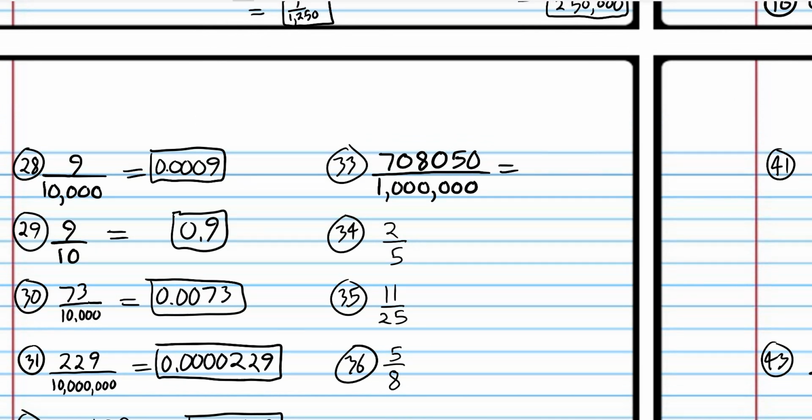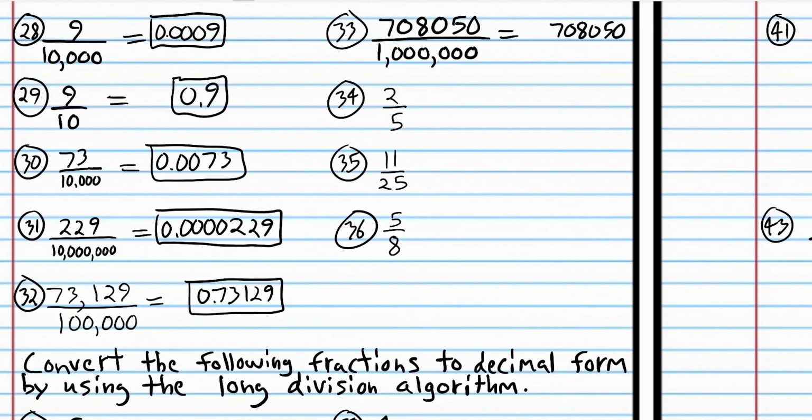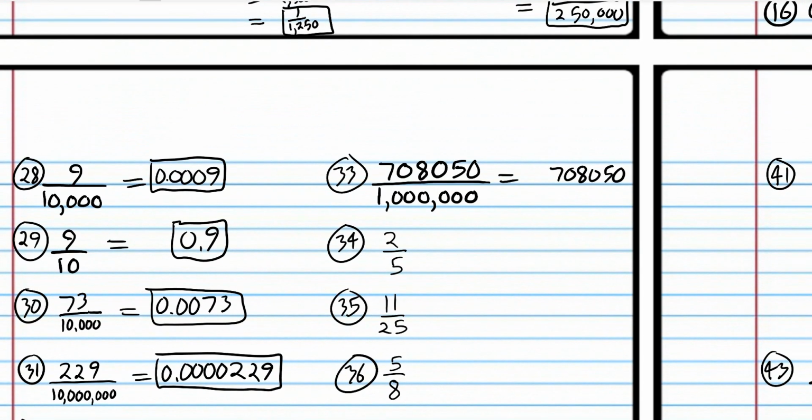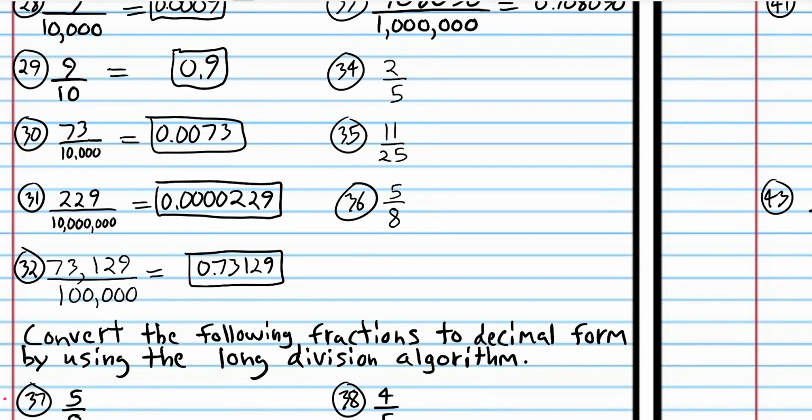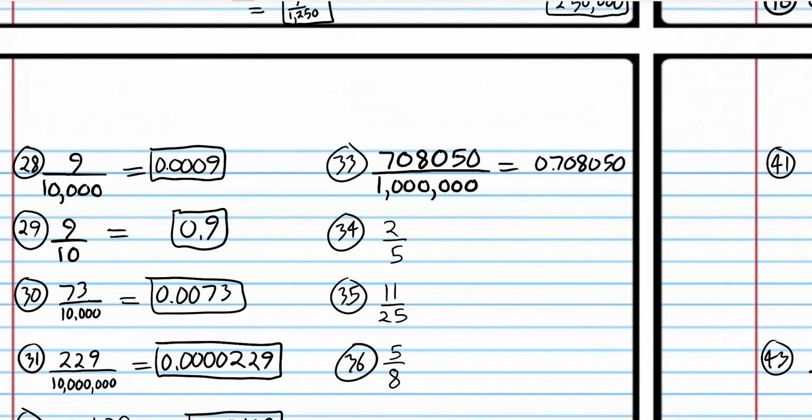We don't need a comma there. And our decimal goes here because the 0 needs to be in the millionths place. But remember, we have a leading 0 there, so you can actually just get rid of that 0 if you wanted to, but we're going to leave it for now.